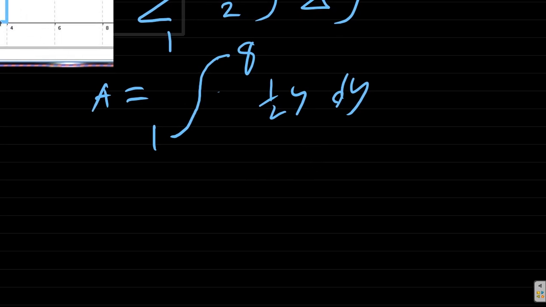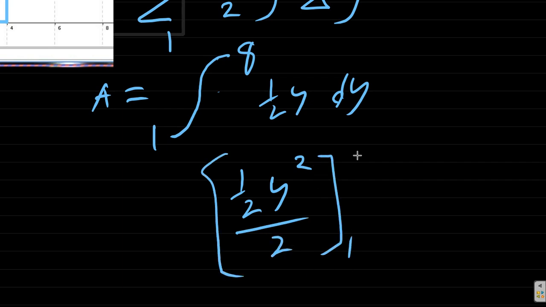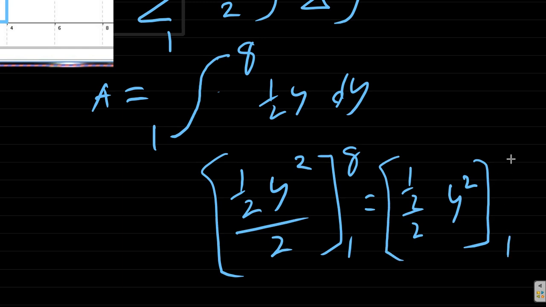Now let's see what that gives us. Half y to the 2 over 2 from 1 to 8. Now here it is half over 2 of y squared from 1 to 8. What is half over 2? Let's just take care of the number here. If we multiply half by 2, we get 1.